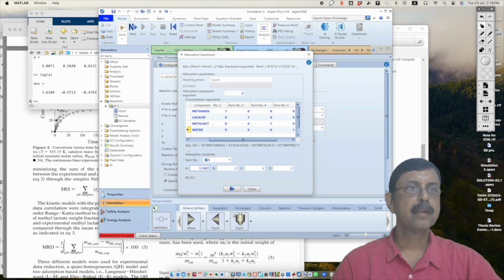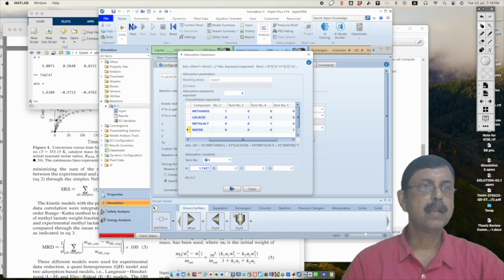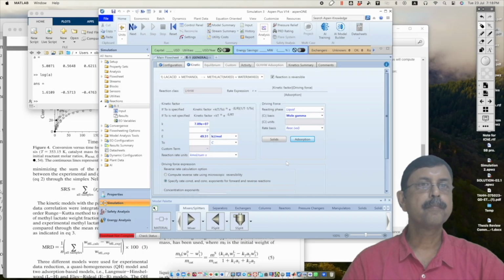So it is K1 is equal to 1, K2 into methanol, K3 into lactic acid, K4 into methyl lactate, K5 into water, to the power of the whole square. Okay, so that's how we have given the adsorption terms.